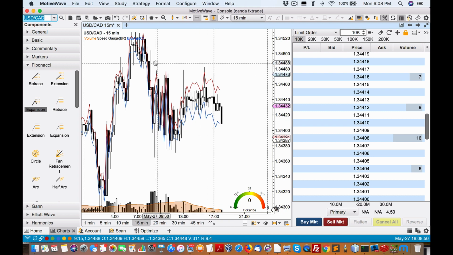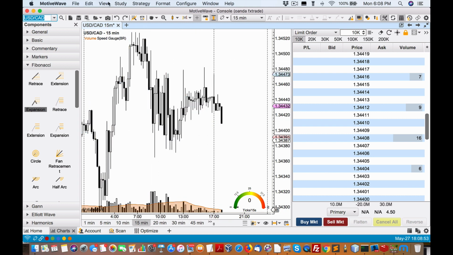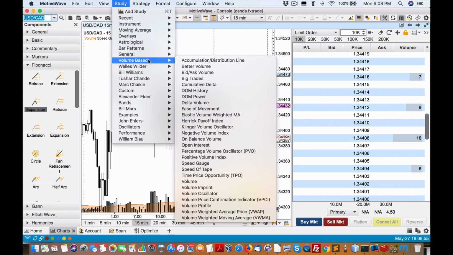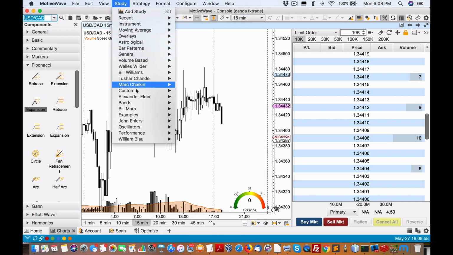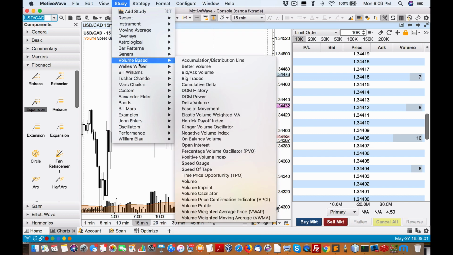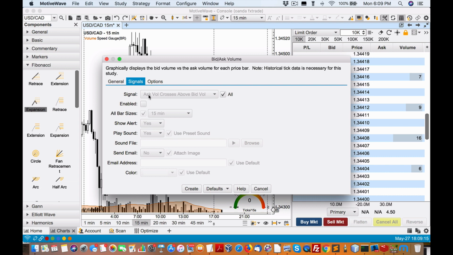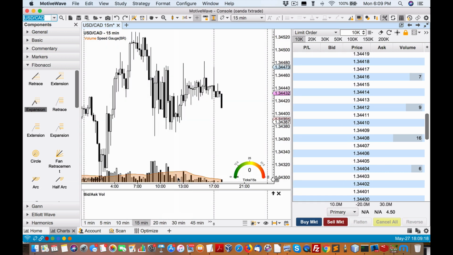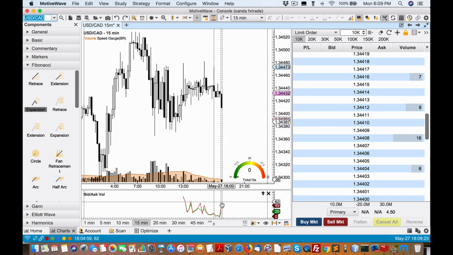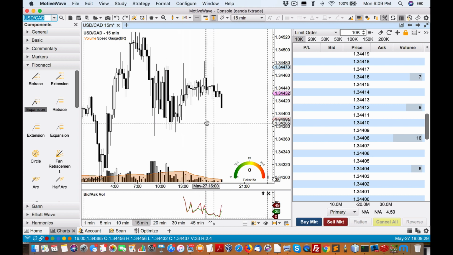No, we don't want an overlay, we want to add it as a separate one. So we want volume, bid, ask. So we have bid ask indicator and bid ask volume. I could obviously enable the signaling here, but right here you can see why the price drops, because the bids are higher than the asks. And again, we are on a 15-minute time frame.